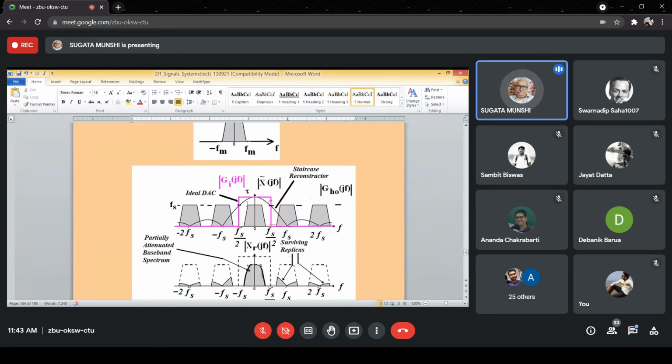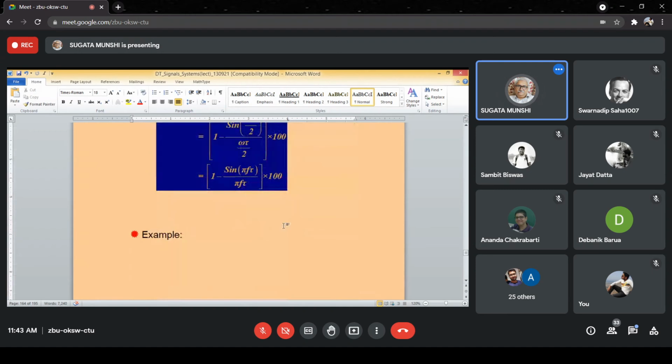So after the low pass filter, if we introduce another filter, it will have just the inverse characteristic, that means a concave upward characteristic in the pass band. And that filter has zero gain outside the pass band. That type of a system.